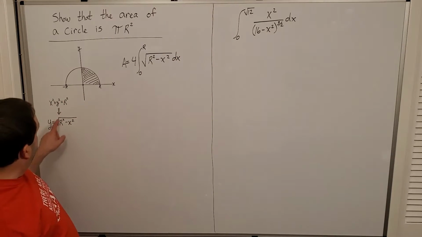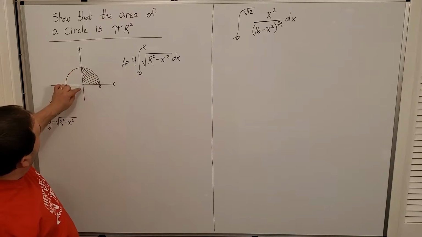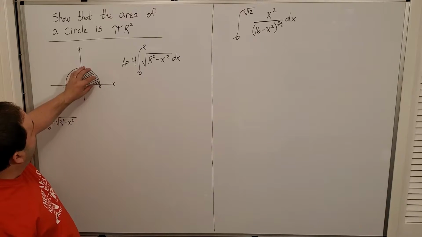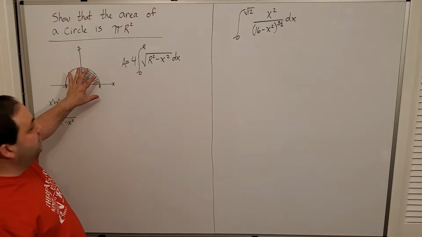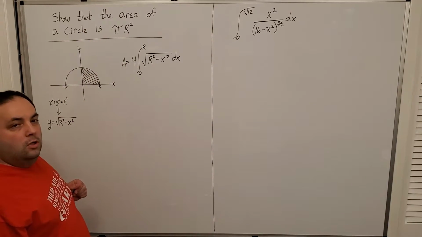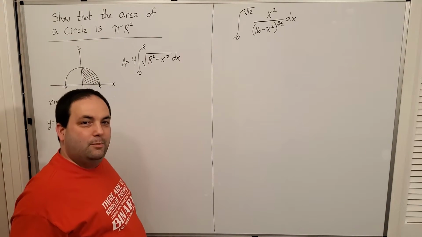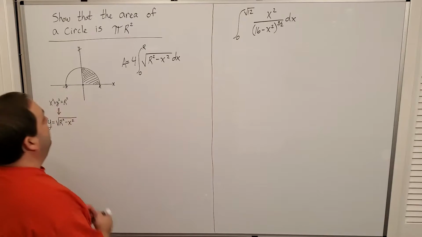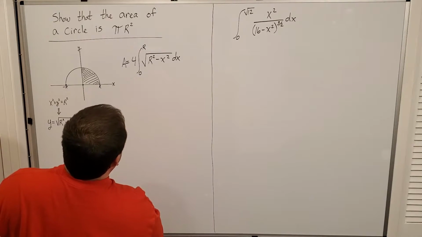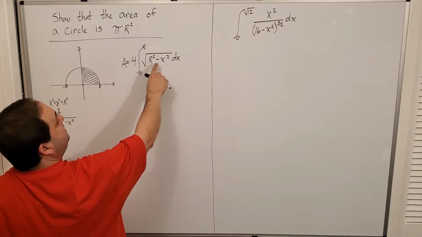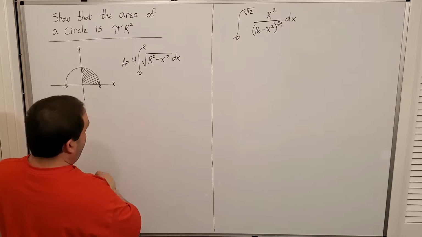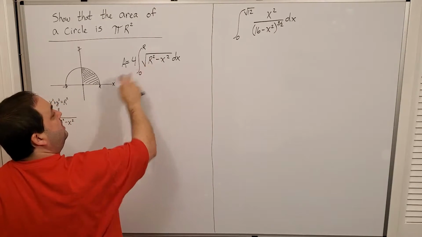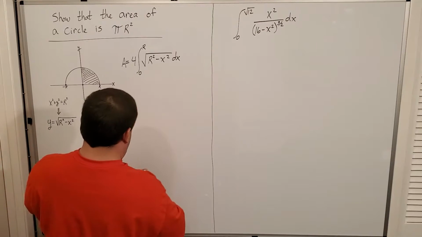So I'm just integrating that function from 0 to r, and that's 1/4 of an entire circle, so I just do times 4 to accommodate that particular feature.